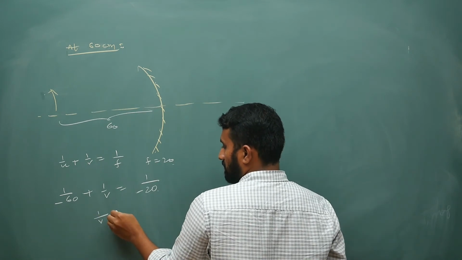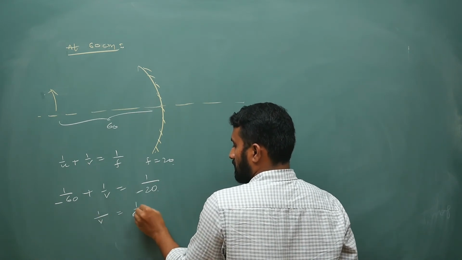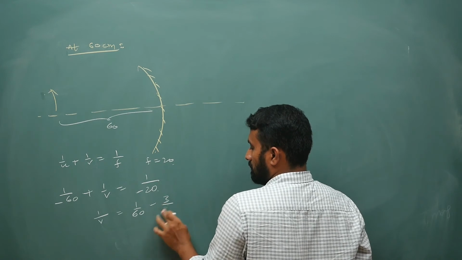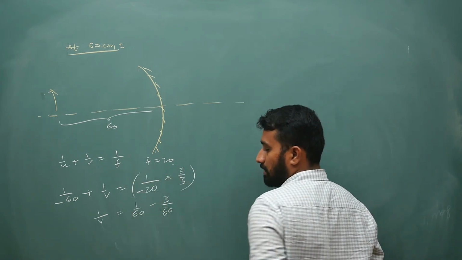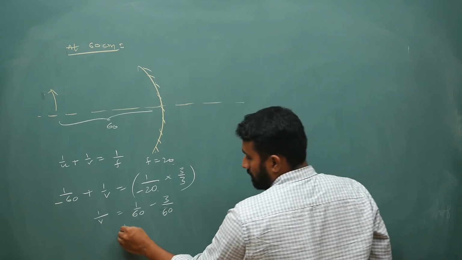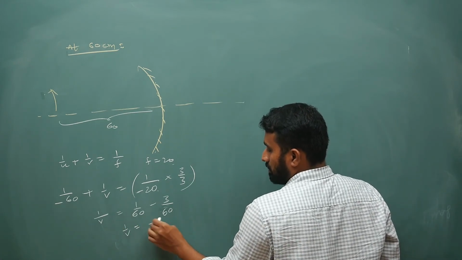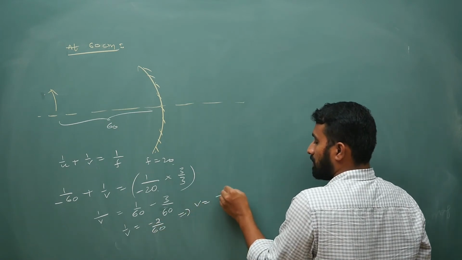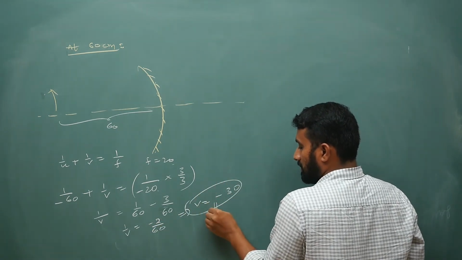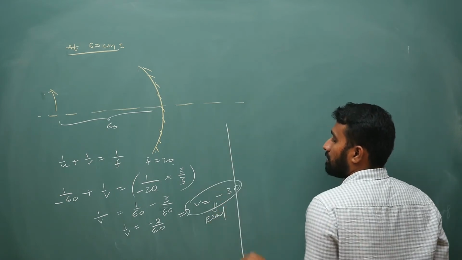From here 1 by v is 1 by 60 minus 3 by 60, because I am multiplying by 3 by 3 so that I can simplify it easily. So 1 by v is minus 2 by 60. From here v is minus 30. Minus 30 indicates that it is real.